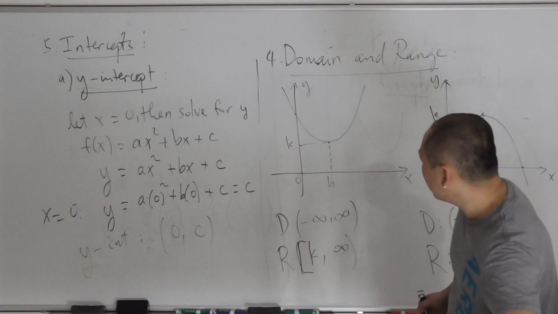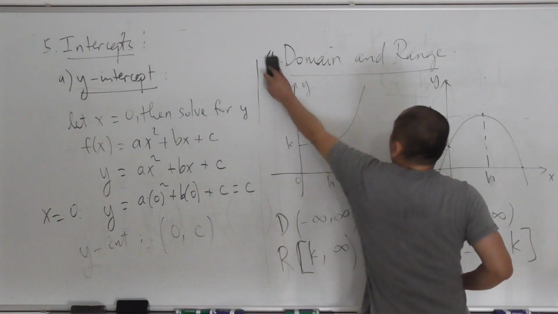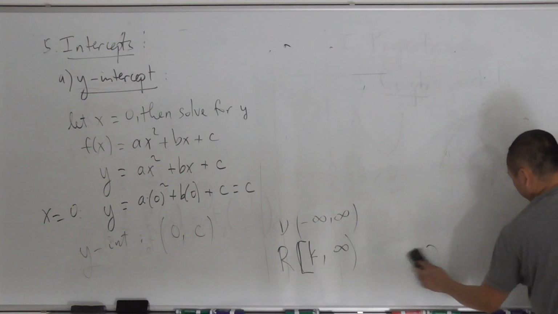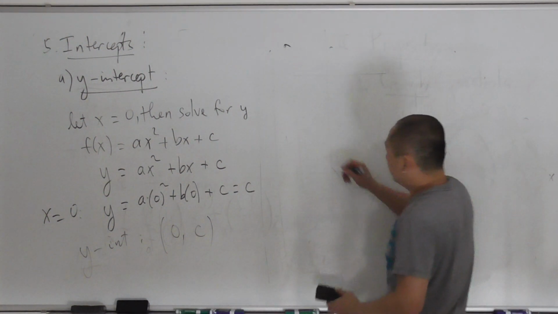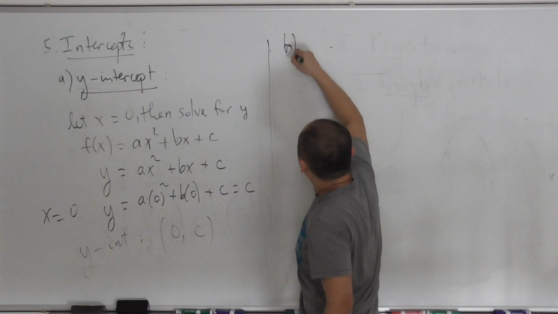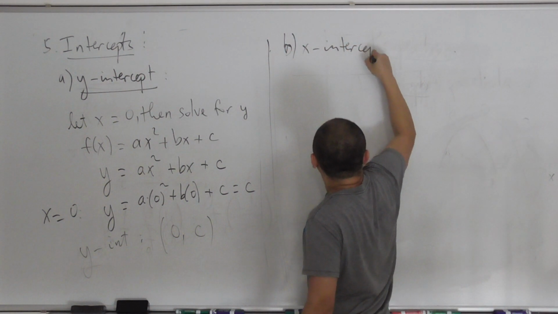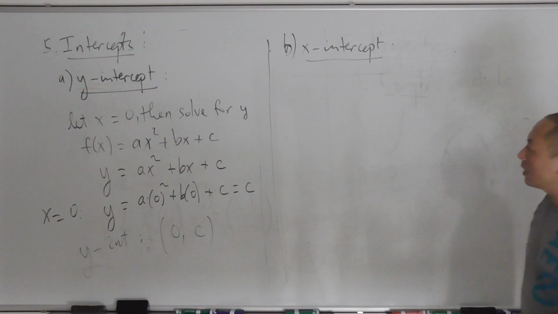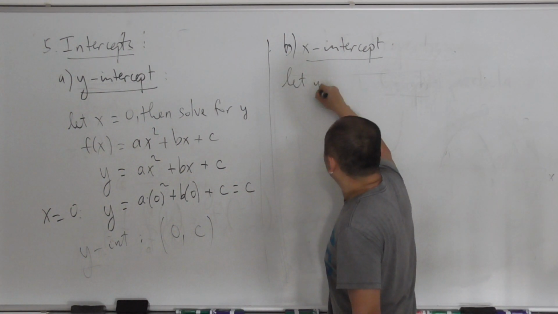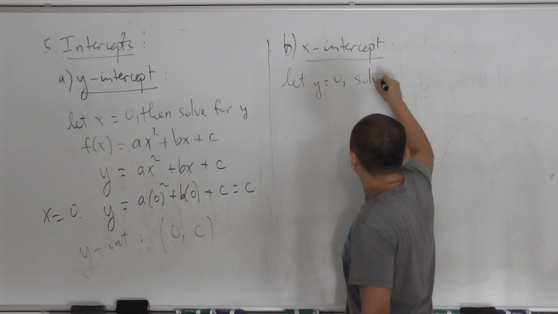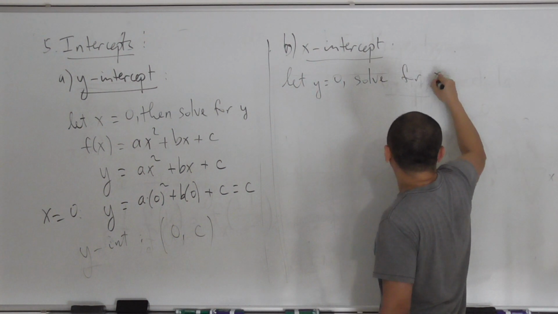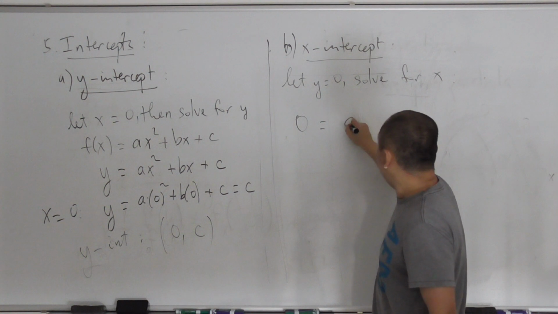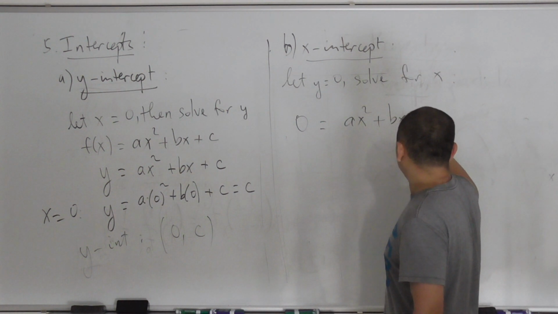The second type of intercept is the x-intercept. Similar to the y-intercept, you want to find the x-intercept, which is on the x-axis. We're going to let y equal to 0 and solve for x. So from here, if you let y equal to 0, you're going to have what? 0 is equal to ax squared plus bx plus c.